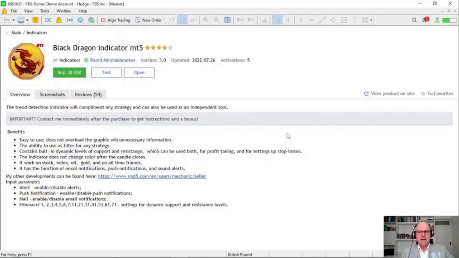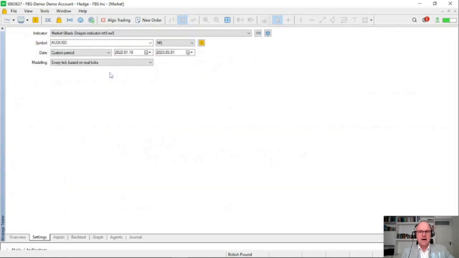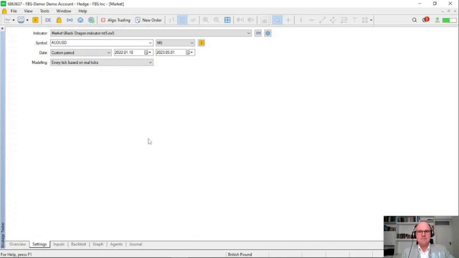So let's take a look at the Black Dragon indicator on our MetaTrader 5 platform. I'm going to download the demo, and then we're going to run a visual test so that we can see what this trend and counter trend strategy and indicator looks like. After you've downloaded the demo version, you can simply run a visual test to see what it would look like, and this will help you to optimize the bot.